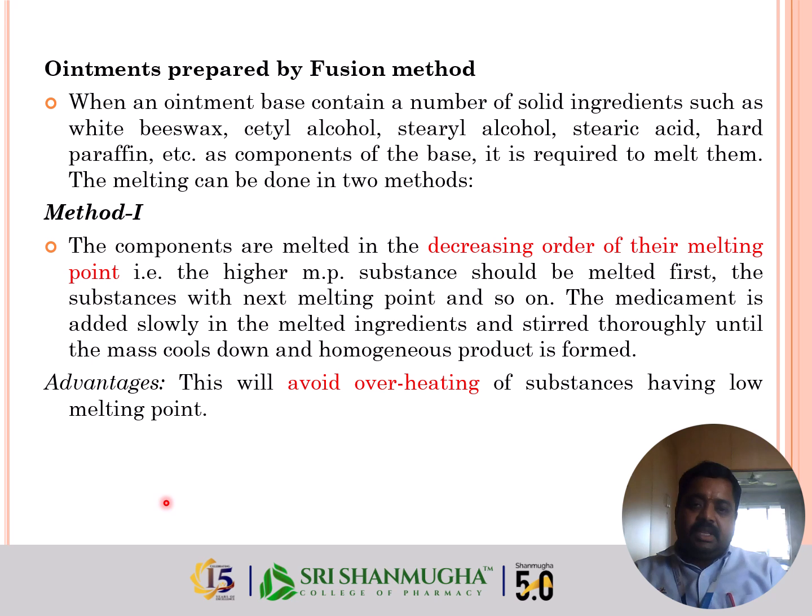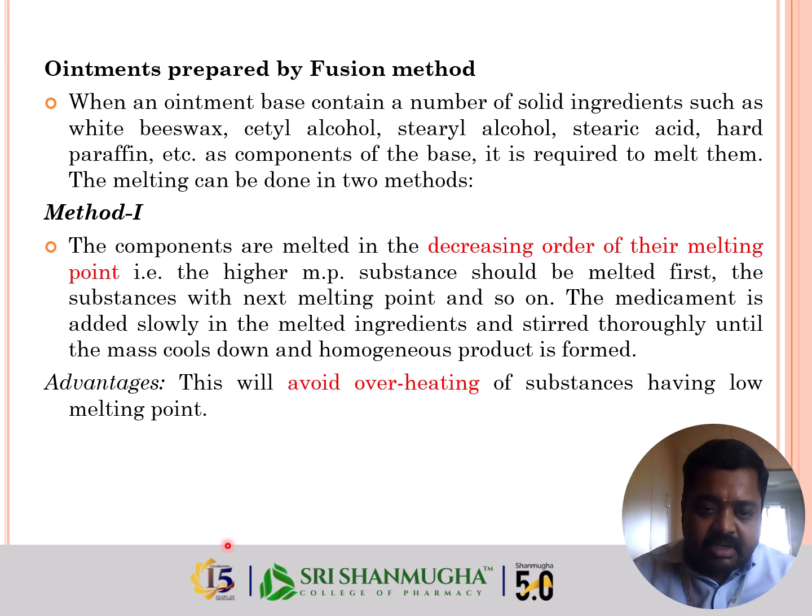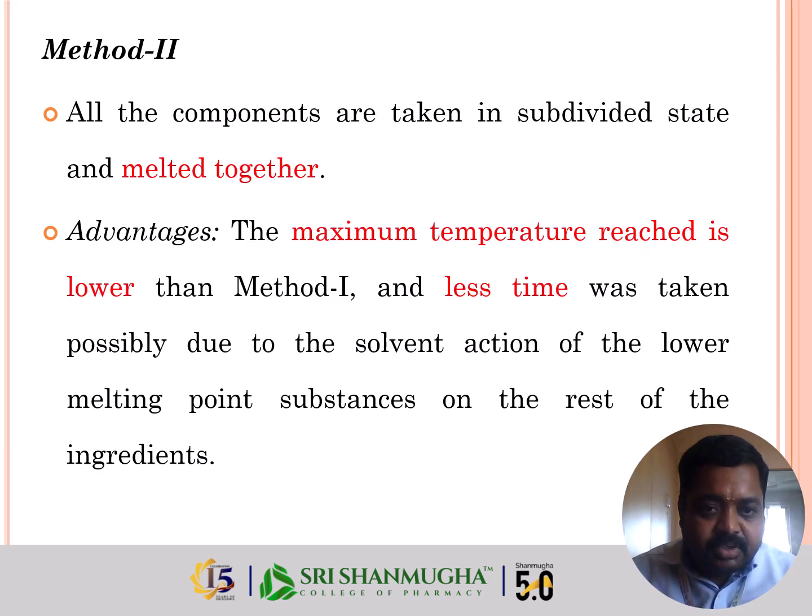That is, the higher melting point substance should be melted first, then the substance with the next melting point, and so on. The medicament is added slowly to the melted ingredients and stirred thoroughly until the mass cools down and a homogeneous product is formed. Advantage: this avoids overheating of substances having even a low melting point.